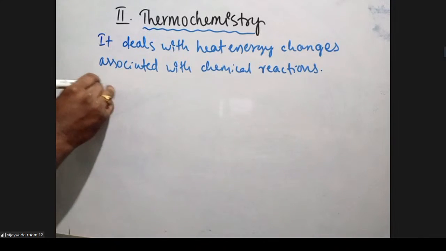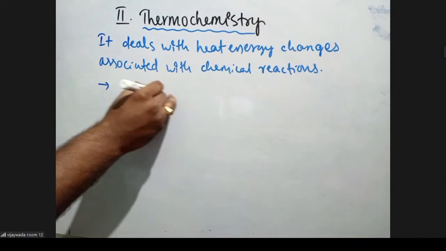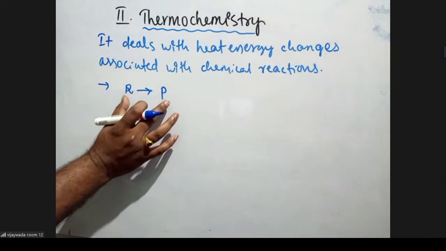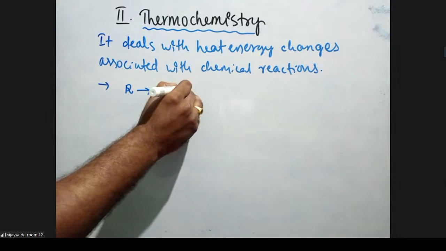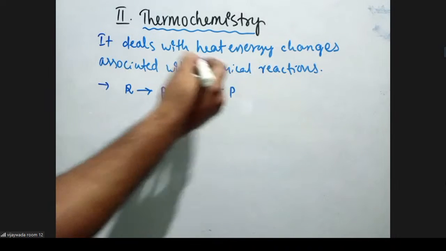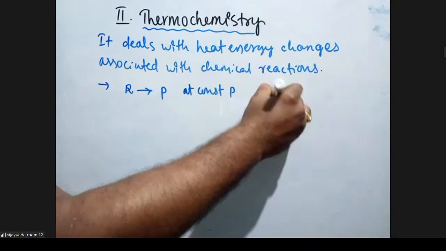For a chemical reaction, reactants converted into products. Students, reactants converted into products mostly at constant pressure. We proceed the chemical reaction at constant pressure, sometimes at constant volume.